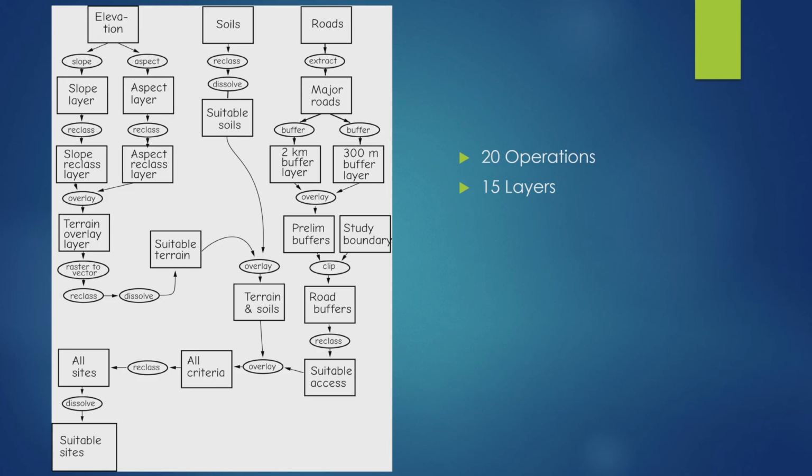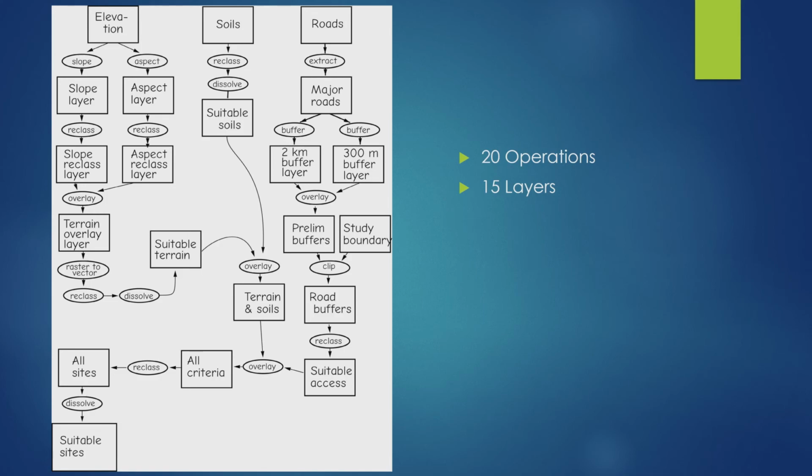In this case, we just have yes or no. Is it acceptable or not acceptable? And then we can do an overlay, probably an intersect overlay, because we have all the areas that are acceptable for slope and acceptable for aspect. And if we intersect those two, we'll get all the areas that are acceptable in both criteria. So then we have our terrain layer. Okay, so let's leave it there.